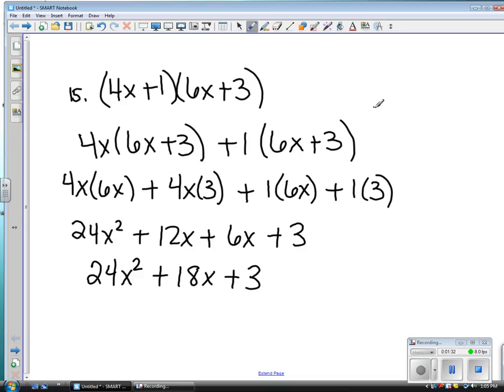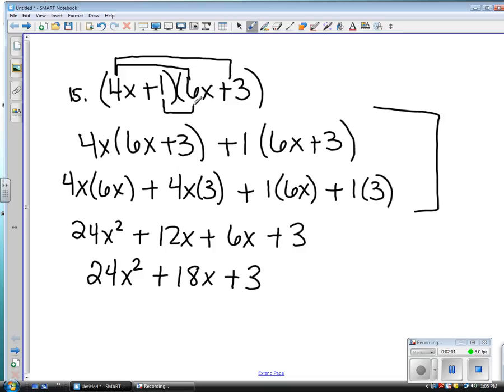Now, remember, these two steps right here are optional steps. You could have skipped those. And if you used FOIL, remember your first terms, so you could have said 4x times 6x is 24x squared. Hopefully you're going to get to the point that you're going to be able to skip those two steps and do it right there. Then you could do the outside terms, which is 4x times 3, which gives me 12x.